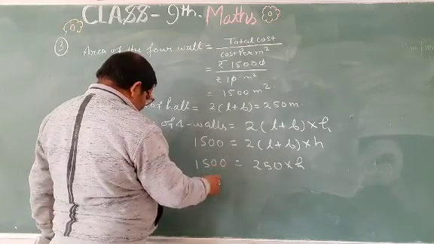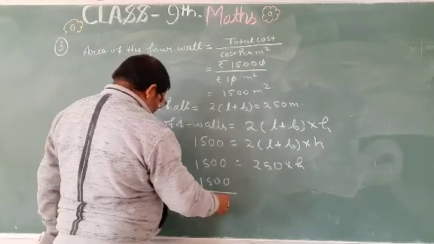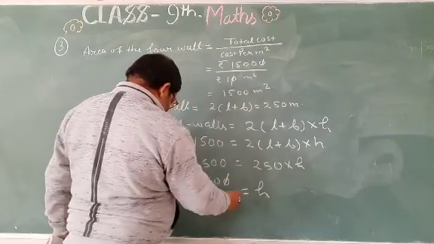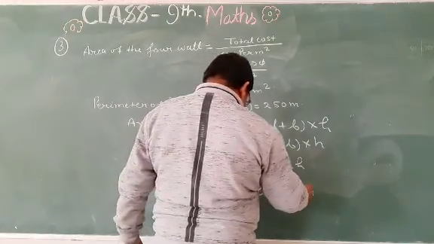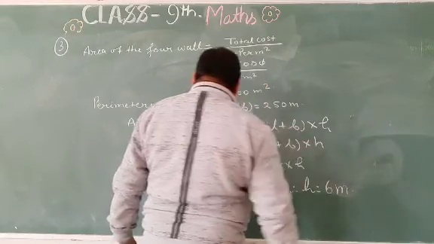So 1500 upon 250 equals H, which is 6. Therefore H is equal to 6 meter.